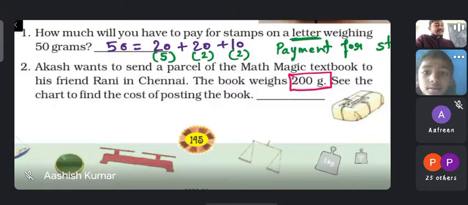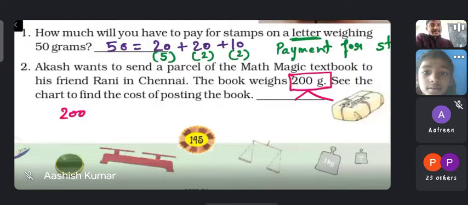Let us break this 200 into 50s. Since it is a parcel, that is why we are splitting it into 50s. If it is a letter we have to split it into 20s.